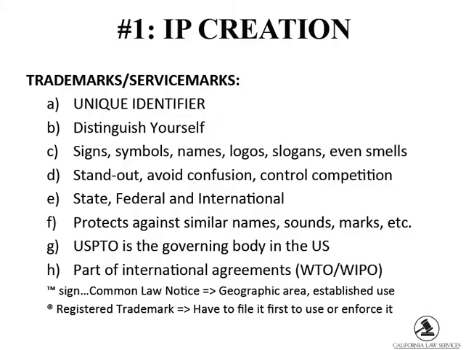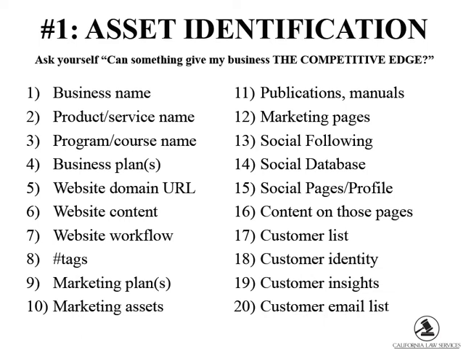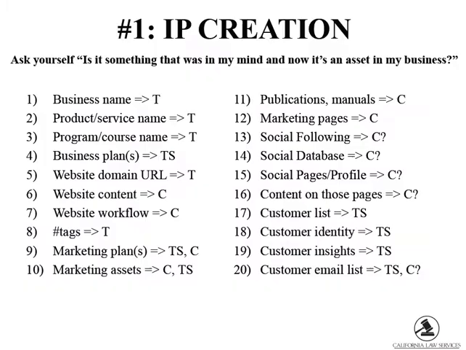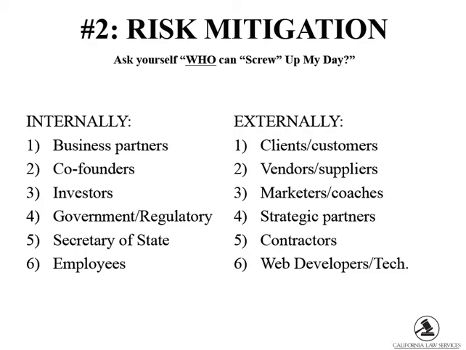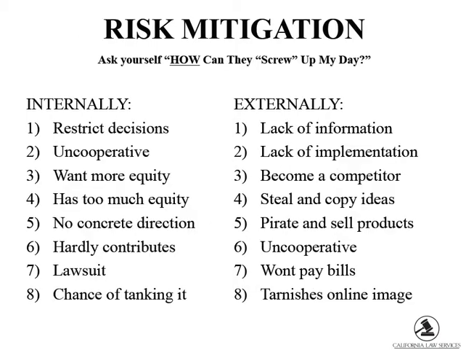Let's do a quick recap. Assets: names, services, programs, plans, URLs, content, websites, planning. You have all this stuff. Risks from partners, founders, investors, governments, secretary of state, employees, externally from clients, vendors, marketers, coaches, website developers, in a variety of ways that can screw up your day and your business, really, right?